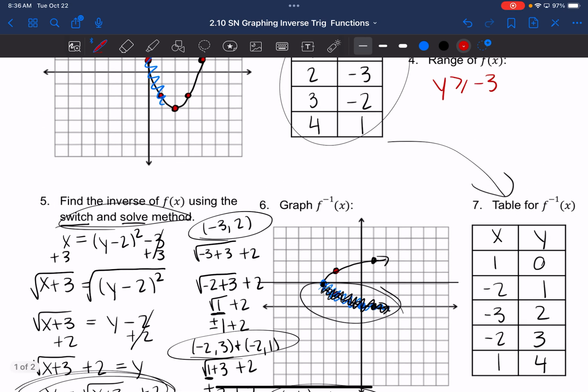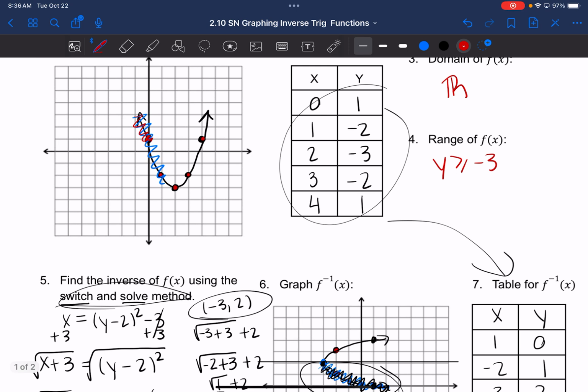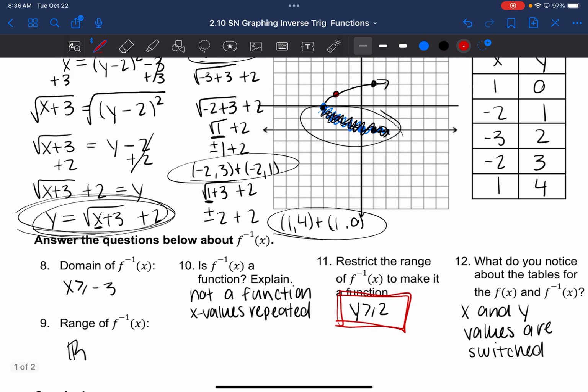So like you guys said, up here, that's equivalent to the left. So I would either restrict the left side's domain on the original function, or what that really does to our new function is restrict its range, since we're switching the x's and the y's.